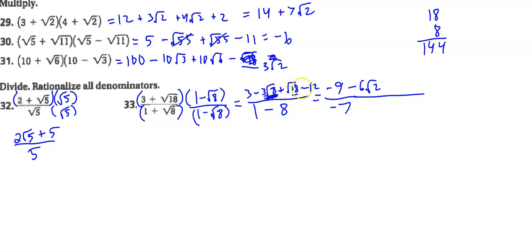This one was 3 squared times 2, so this is plus 3 root 2. And that does go together. Wow, this is working out pretty nicely. So we get negative 9 minus 3 root 2 over negative 7. Really, we don't love having negative down there in the denominator. I would probably simplify this to 9 plus 3 root 2 over 7.